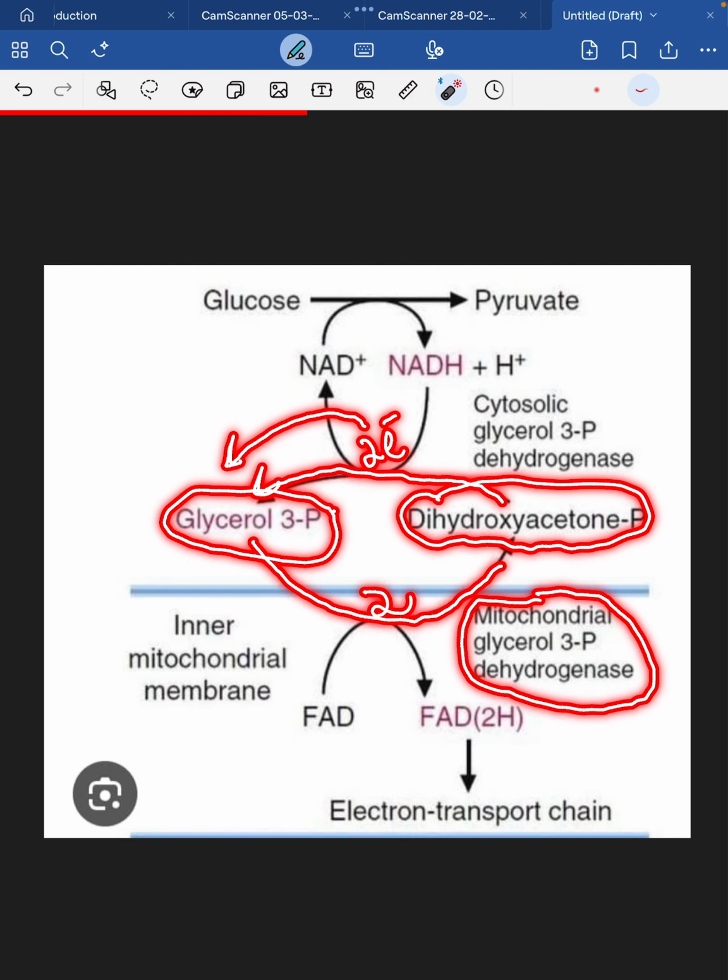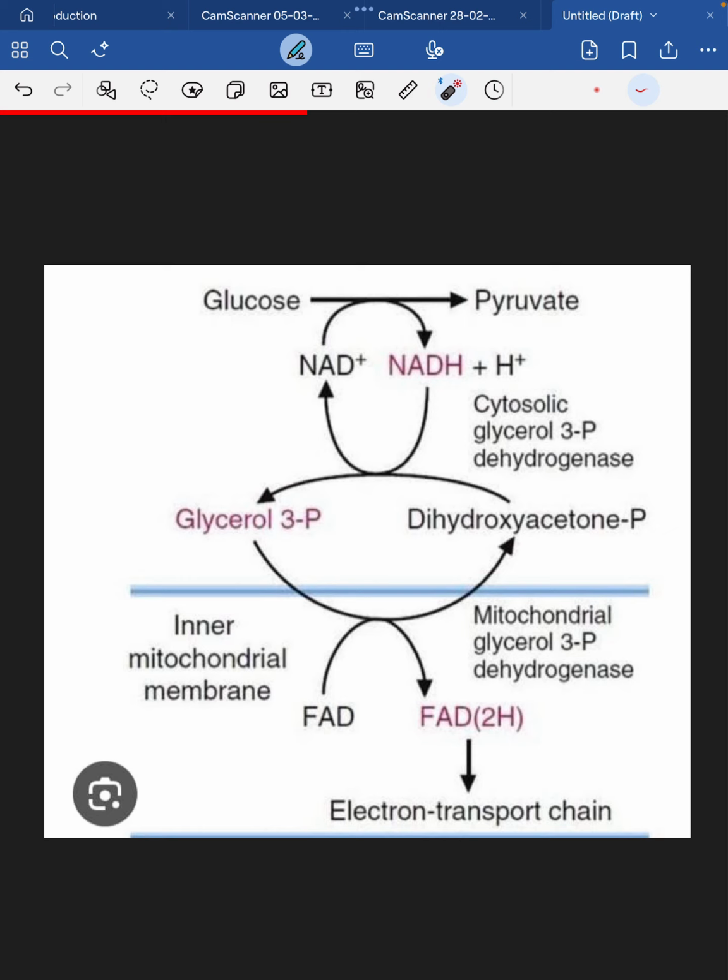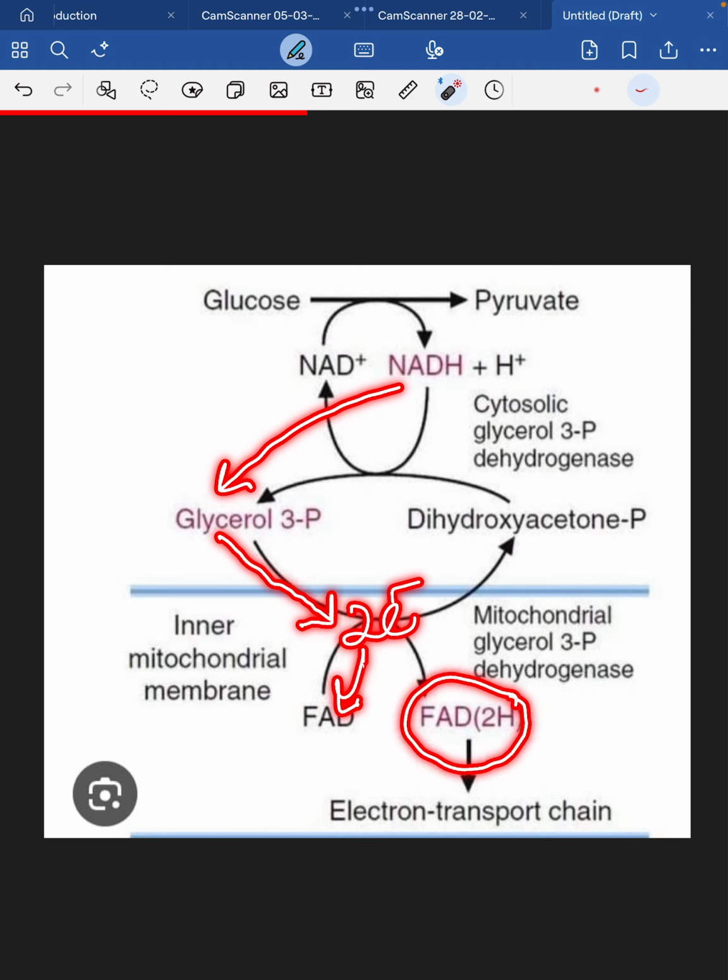It receives the electrons and transfers them to FAD, and FAD is converted into FADH2. So these NADH molecules cannot enter the mitochondrion; they give their electrons to glycerol 3-phosphate, which crosses the mitochondrial membrane and gives electrons to the FAD molecule, and FADH2 is produced. So the electrons of NADH are used to produce FADH2.